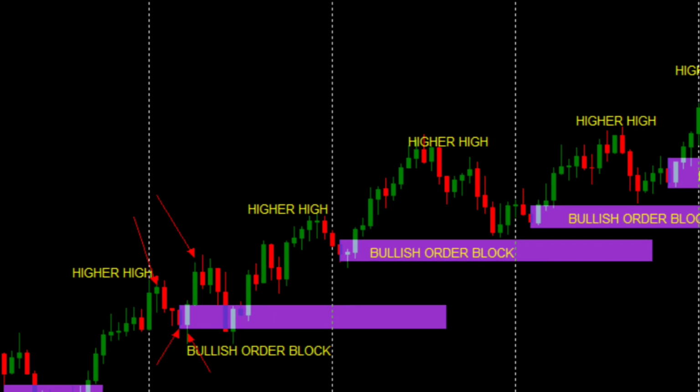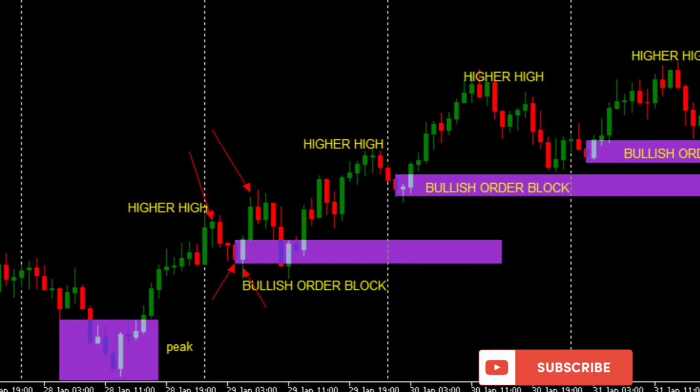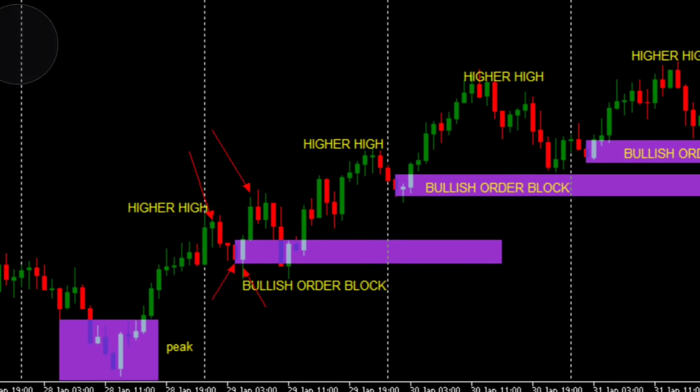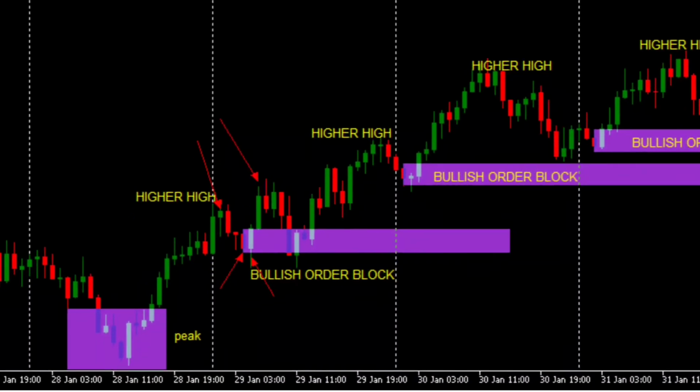I can zoom in. There are two arrows. Let me use a different color. We've got this last red candle. Remember, we're in a bullish order block, so the last red candle.